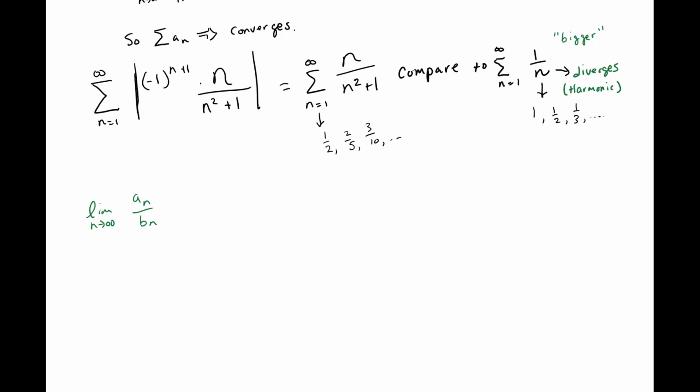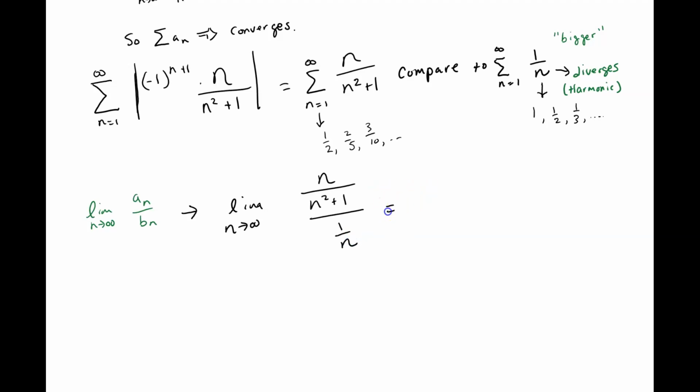And we compare n over n squared plus 1 to 1 over n because n over n squared reduces to 1 over n. So I'm going to write out the limit as n goes to infinity of n over n squared plus 1 divided by 1 over n.